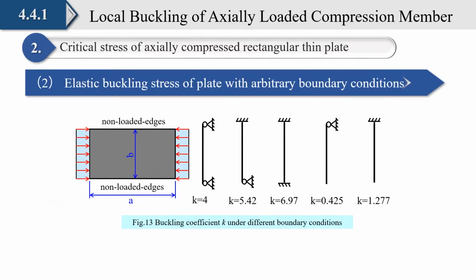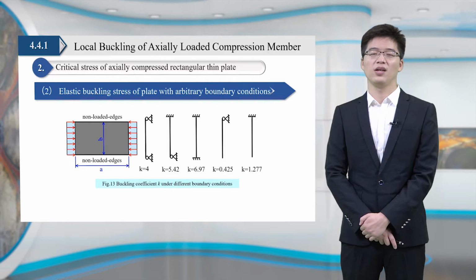The above formula is derived for plates having four simply supported sides. If the boundary conditions of the plate change, the value of the buckling coefficient k will change as well. The specific value of the coefficient k depends on the constraints along the non-loaded edges of the plate.